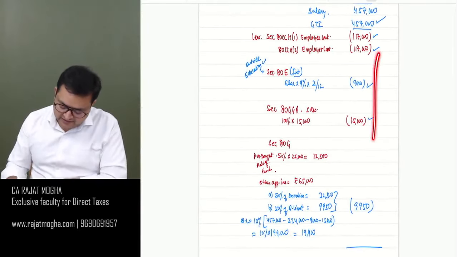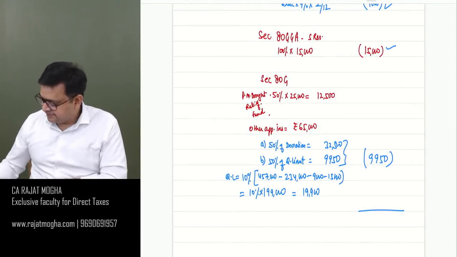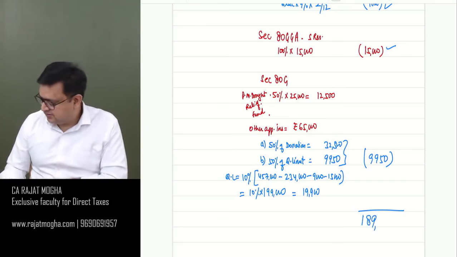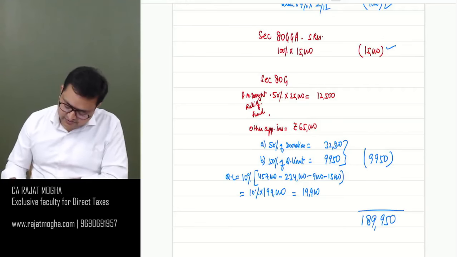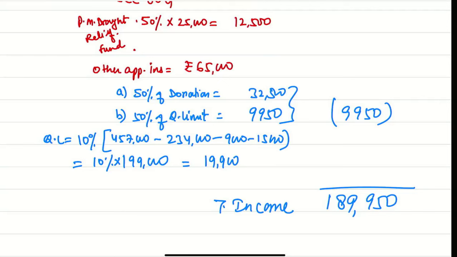If you subtract, 1,99,000 we are already getting, so I believe you will get 1,89,950. This is my total. Everybody okay with it? Tax would of course be zero because it is less than the basic exemption limit.